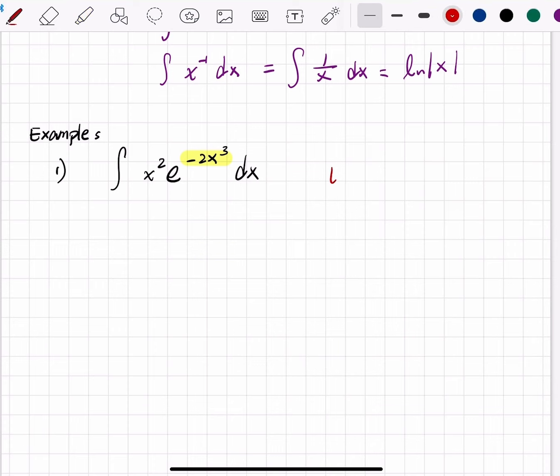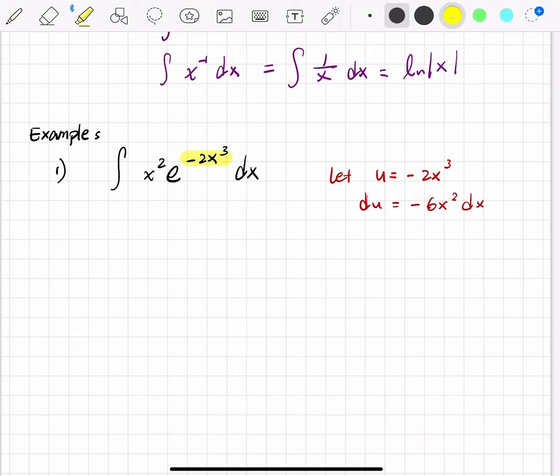So let u equal negative 2x cubed. Then du is negative 6x squared dx. We do not have the negative 6, but we do have x squared dx, so we can divide everything by 6. So x squared dx is negative 1/6 du.